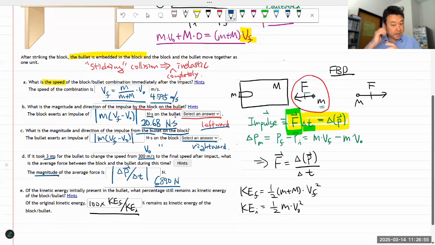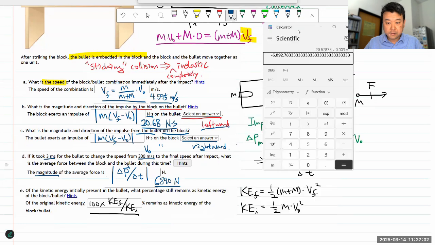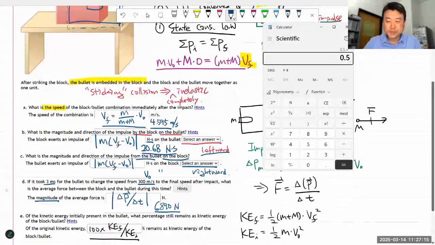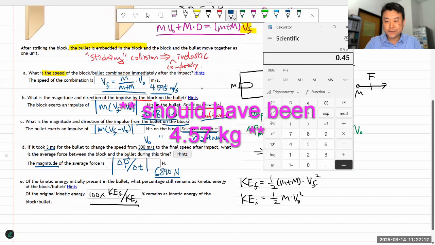For E, I need to calculate the kinetic energy first, and then I'll do the rest. So, the final kinetic energy is 0.5 times the sum of the masses. Oh, I think I remember, 0.457. Is it? Yeah, 0.457 times the final speed.